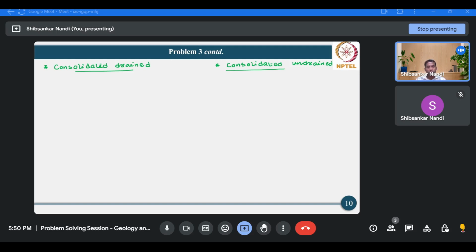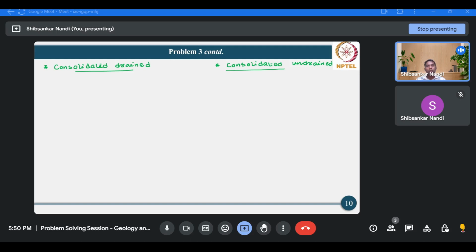So for example, if the drainage valve is open throughout the test, meaning in both the phases, then it will be termed as consolidated drained. So the drainage valve is open in the consolidation as well as in the shearing phase.